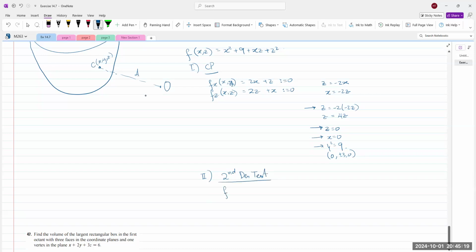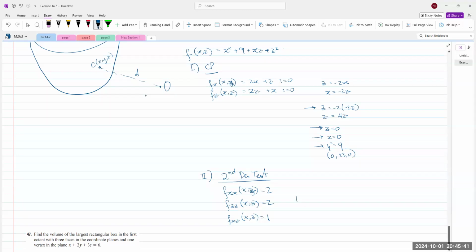f sub xx is 2, f sub zz is also 2, f sub xz is 1.